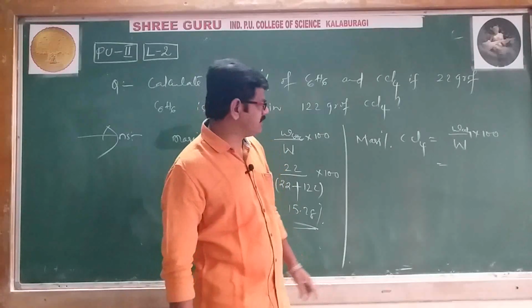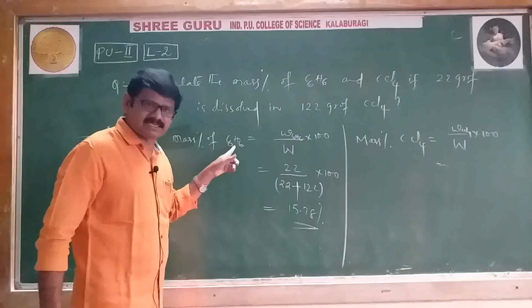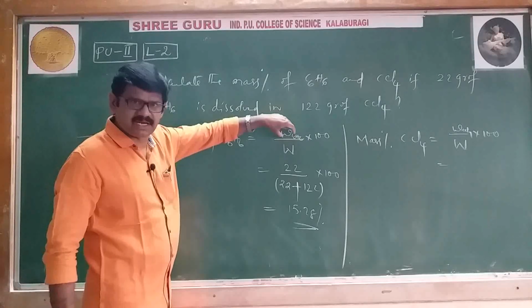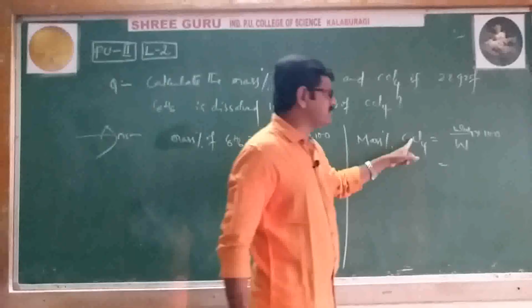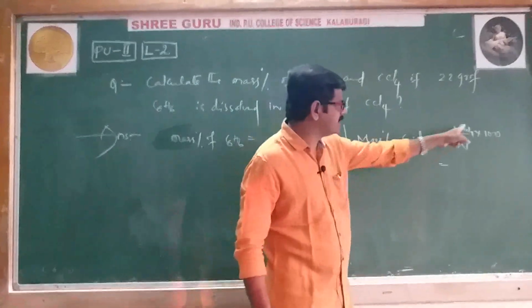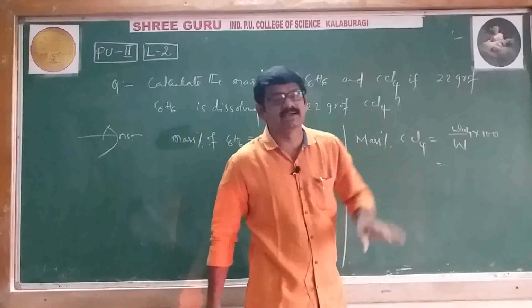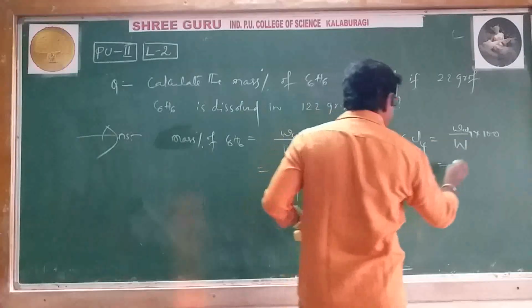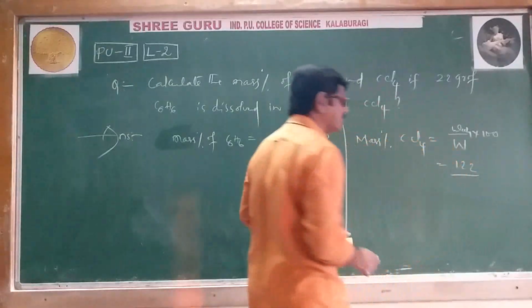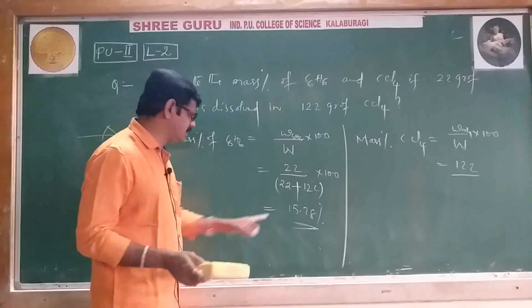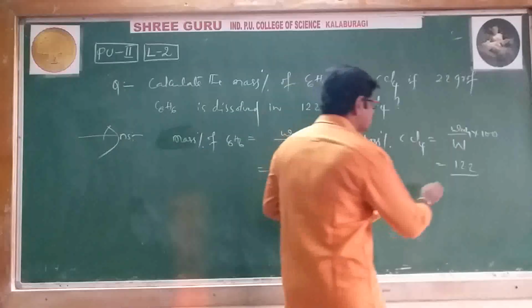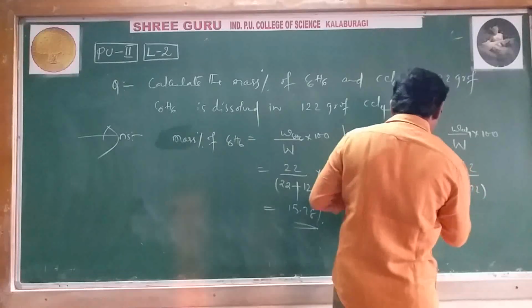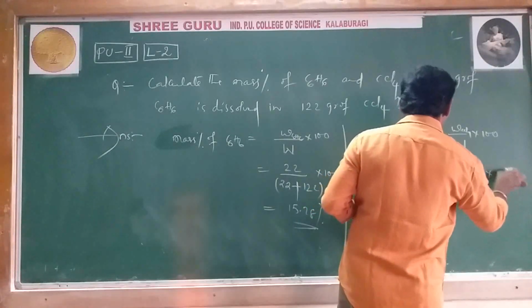Important, I'll repeat: whose mass percentage we are calculating, that we have to take as the numerator. So we take the carbon tetrachloride mass as the numerator: 122 divided by the solution mass, again both added, 22 plus 122, into 100.